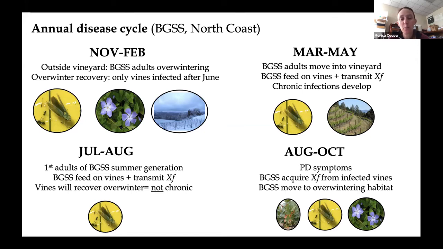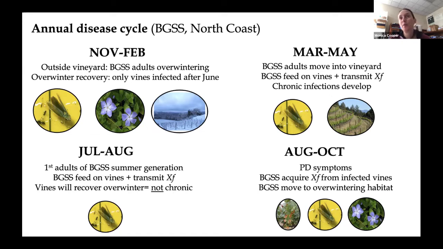And also that's an important point of time, because blue-green sharpshooters are still in the vineyard, and they're leaving the vineyard to overwinter in September and October. But before they do that, they're probably picking up Xylella from infected vines in the vineyard.